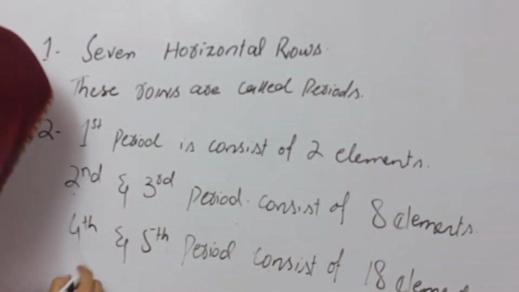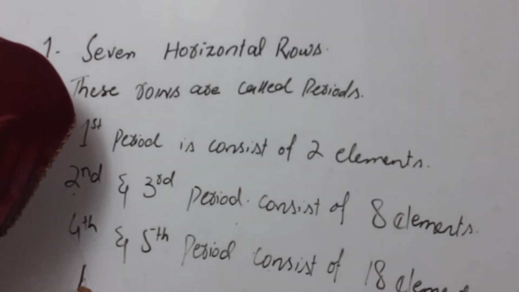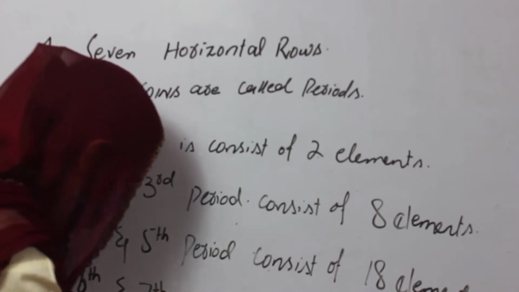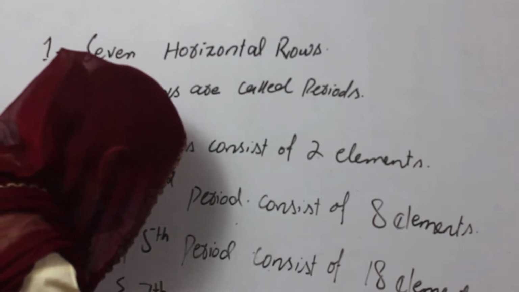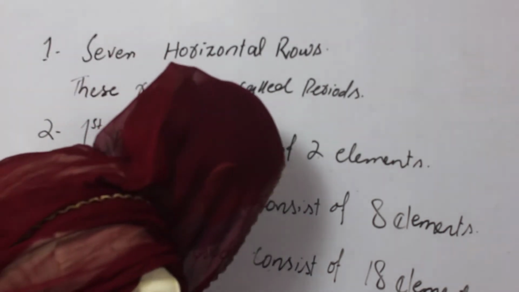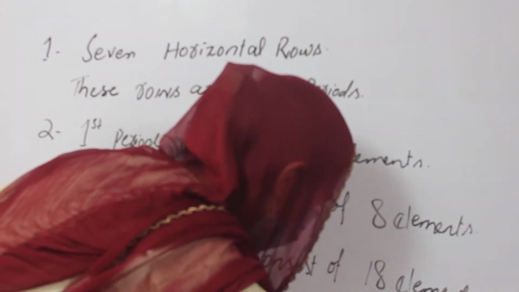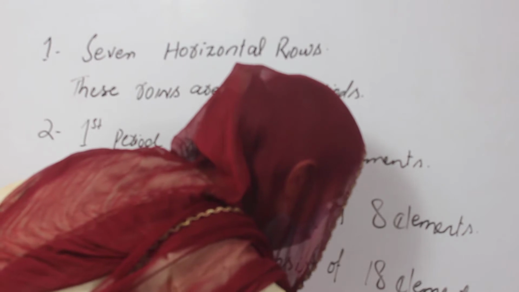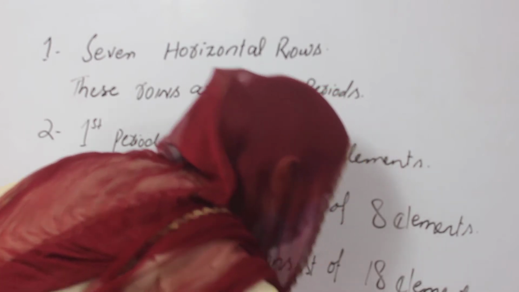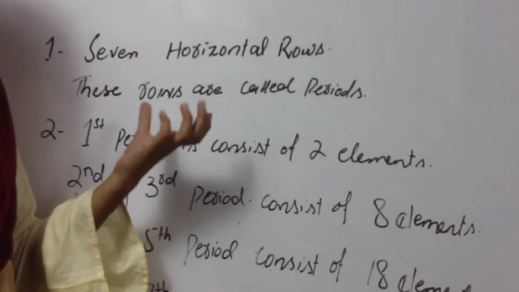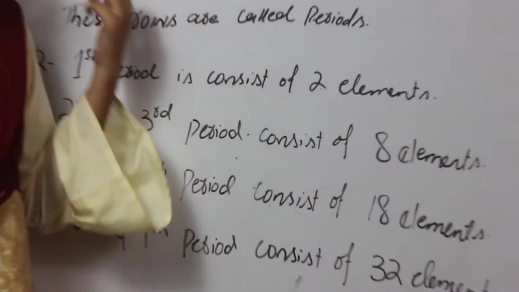And the last ones, the 6th and 7th periods, consist of 32 elements. These are the numbers of elements present in the 7 horizontal rows in the long form of the periodic table.